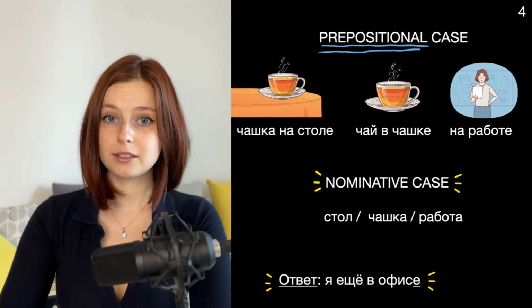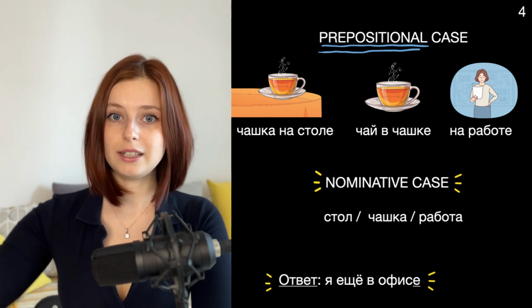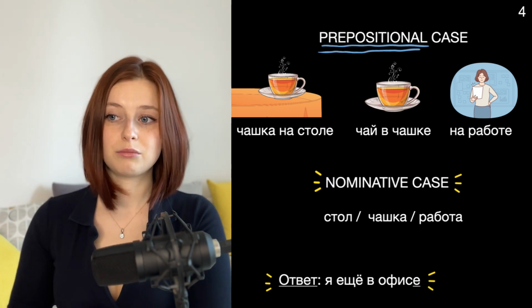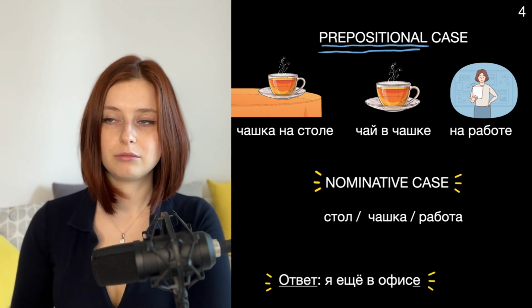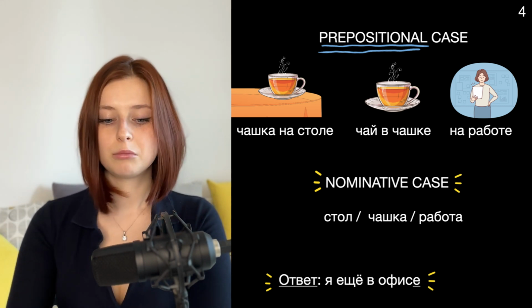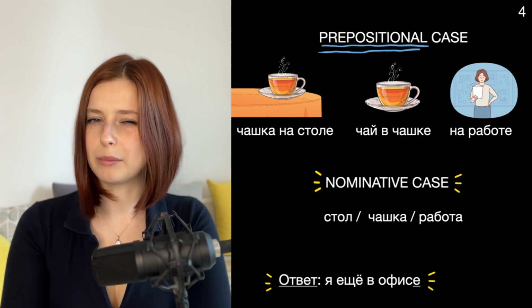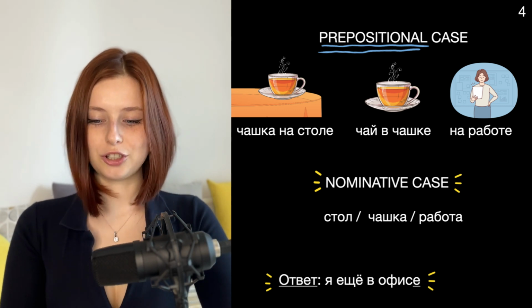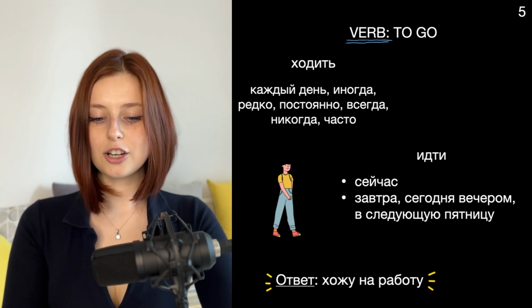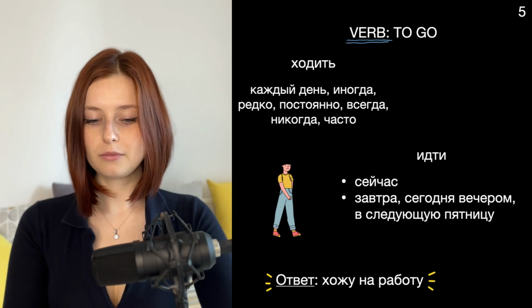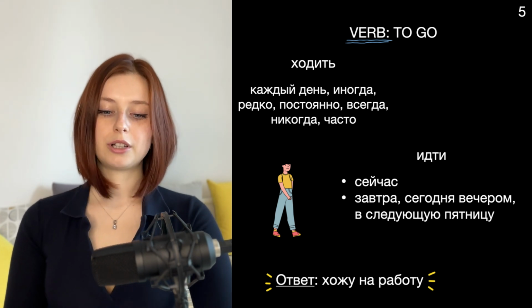But sometimes it's not related to in or inside or on the surface. Sometimes it just comes out random. На работе doesn't mean on top of the work. It means at work. But you know what I mean, right? I hope you do. Okay, next question. Я каждый день хожу на работу. I go to work every day.